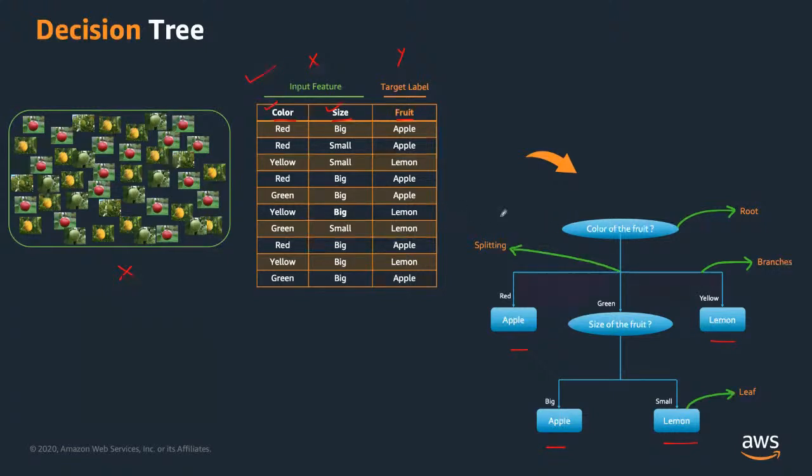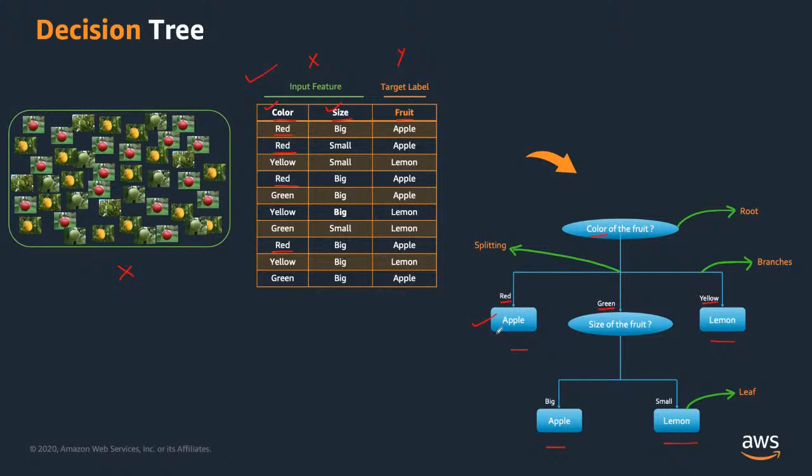But the idea is, once you pick the root node, like here it's color, then you branch it out based on the available domain. So the color could be red, green, and yellow. Now if you check the red one, all the red ones are apple. So you know that if any fruit is red, then that would be an apple.